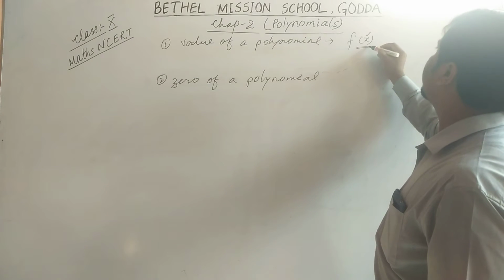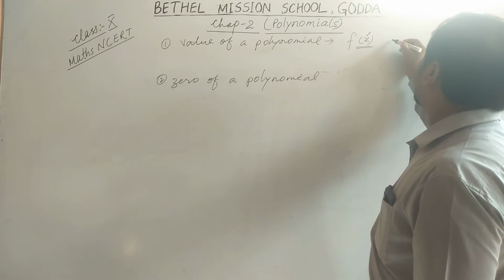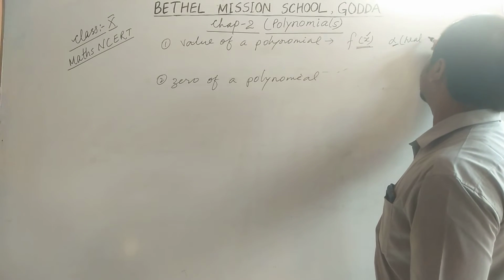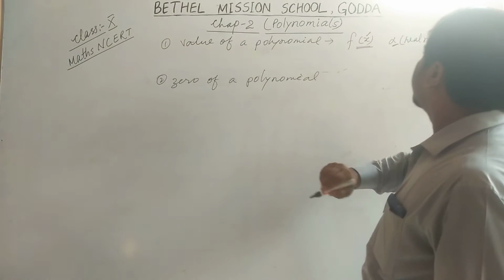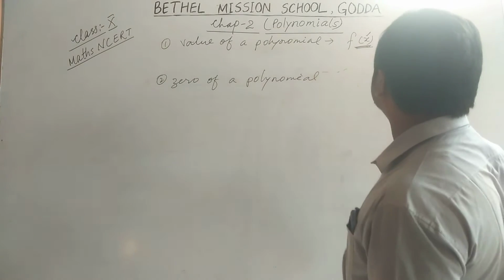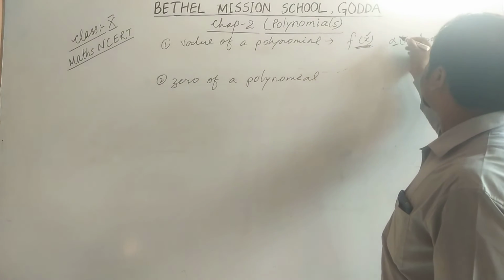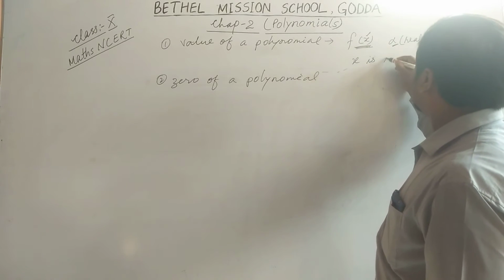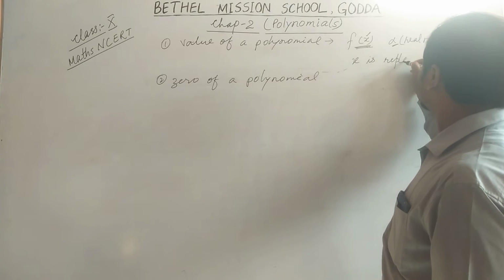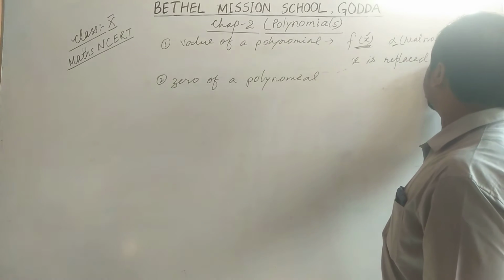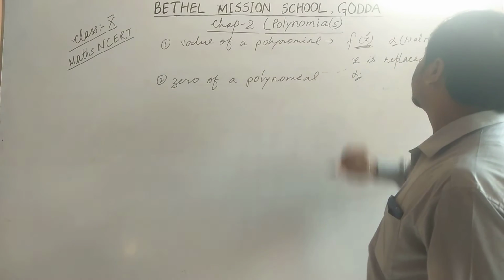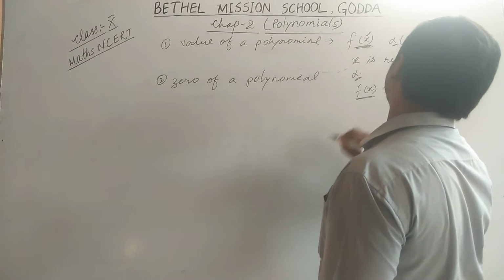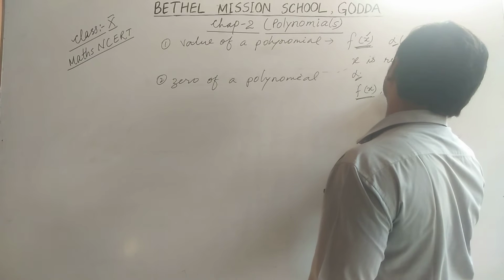So if a polynomial is f(x) and alpha is a real number, and this x in the polynomial f(x) is replaced by alpha, then we get a value.